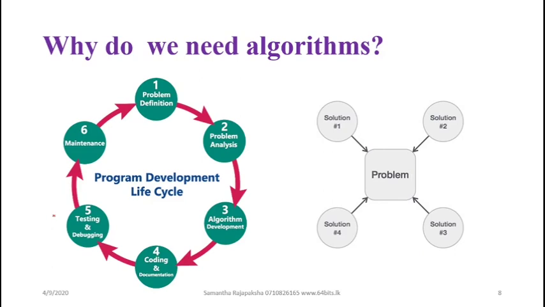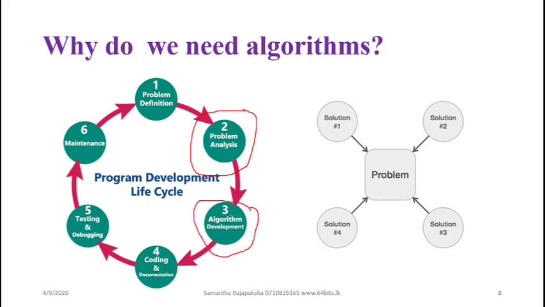Then basically we need to learn this algorithm. The reason is this: when large problems are solved, we have learned previously the system development life cycle. Under that, once you identify the problem and collect the requirements, you have to analyze these requirements, and once you analyze them, you identify the components, the subcomponents, and how they are interconnected. The next thing is to develop the algorithms, and then test the algorithm.